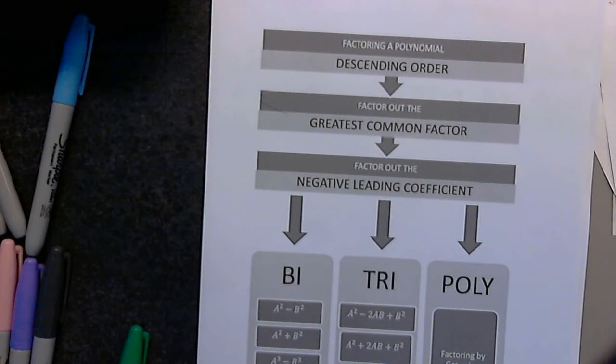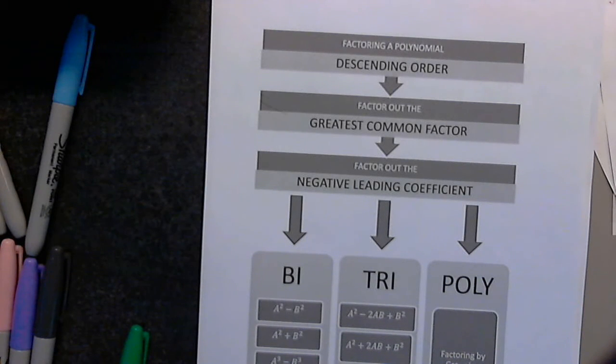First, I have to make sure the polynomial is in descending order. Secondly, I have to find the greatest common factor and pull it out. Thirdly, if there is a negative leading coefficient, I have to factor it out. And then look at those 4 special products. They're right here. When it comes to a binomial, you see the difference of squares, the sum of squares, the difference of cubes, and the sum of cubes.